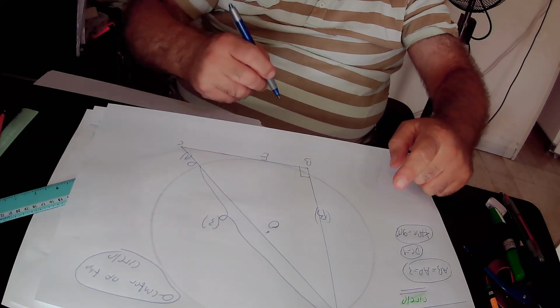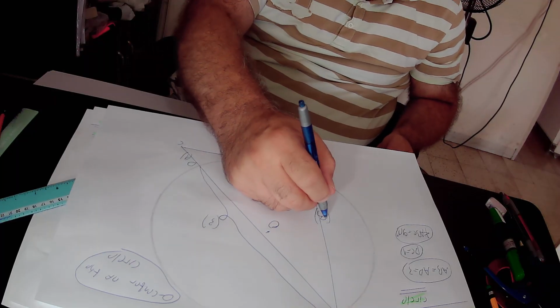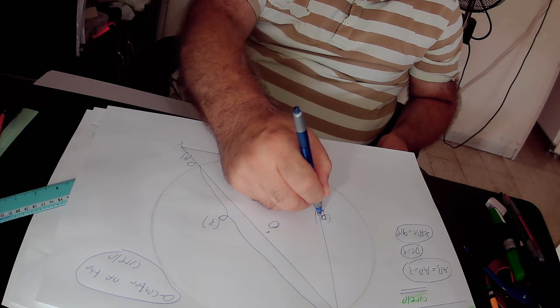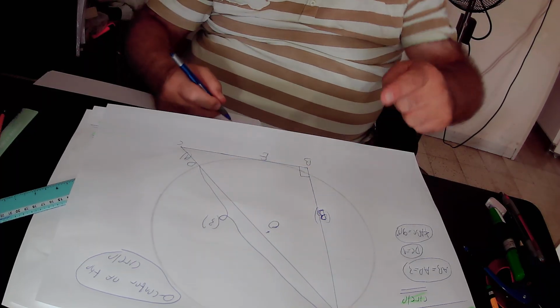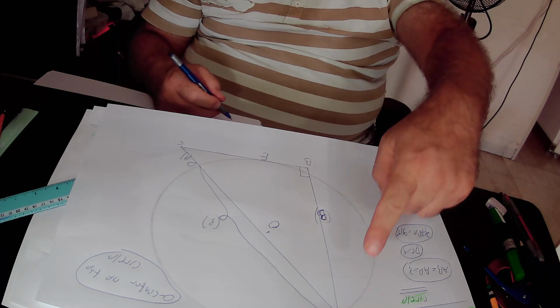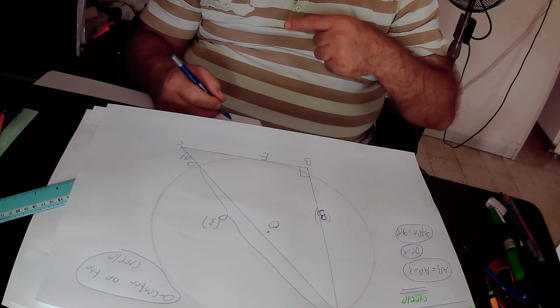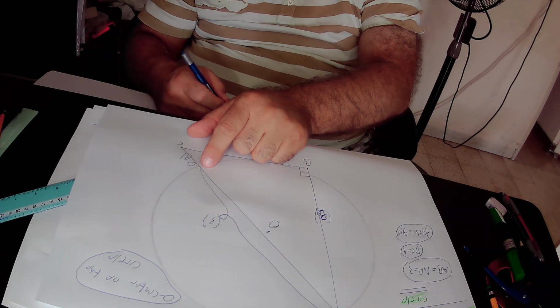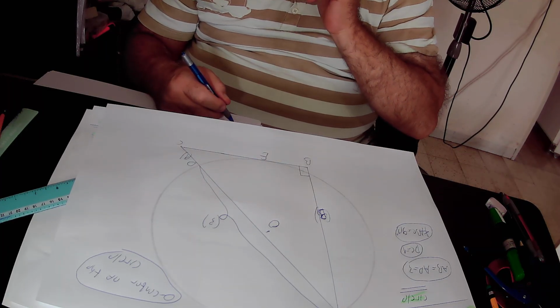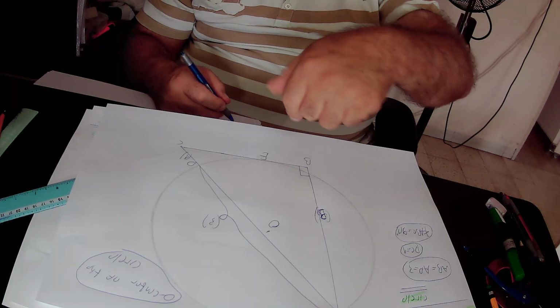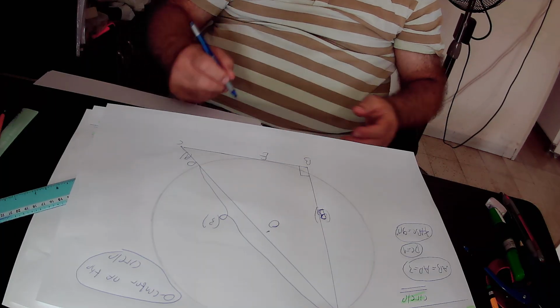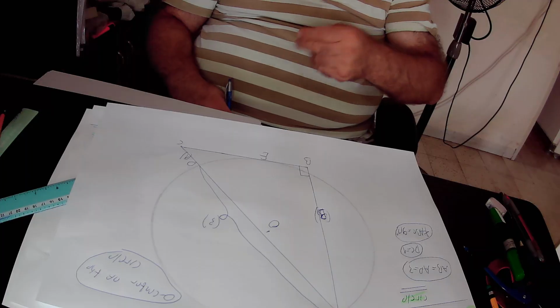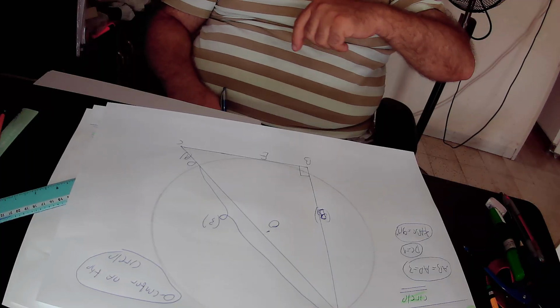Side AB equals to 3 units in its length, and side AD also equals to 3 units in its length. Line segment DC equals 1 unit in its length. Point O is the center of this circle. Again, our task is to find out the radius of this circle.